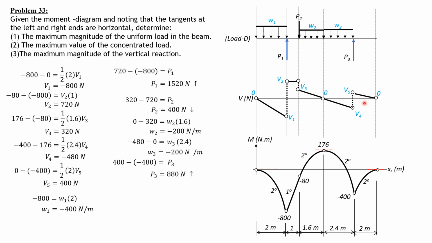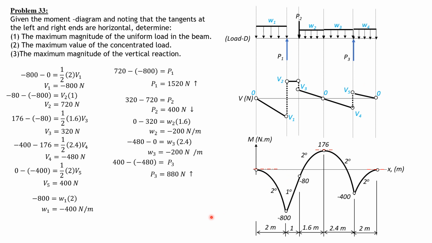And finally, in this portion, we have first degree decreasing. So we have another uniform load there, which is 0 minus V5. 0 minus 400 is negative 400, which is equal to W4 times 2.